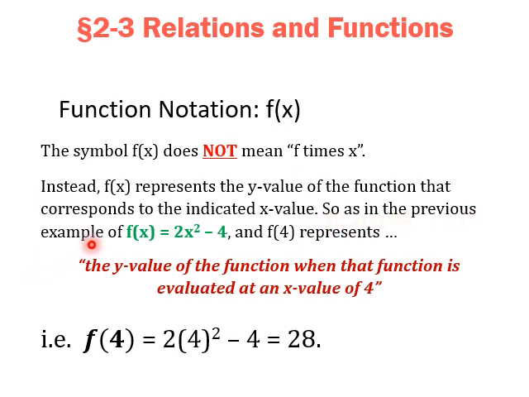So in the previous example, we had f of x is equal to 2x squared minus 4, and we asked what f of 4 was. So f of 4 represents the value of the function when the function is evaluated at an x value of 4.